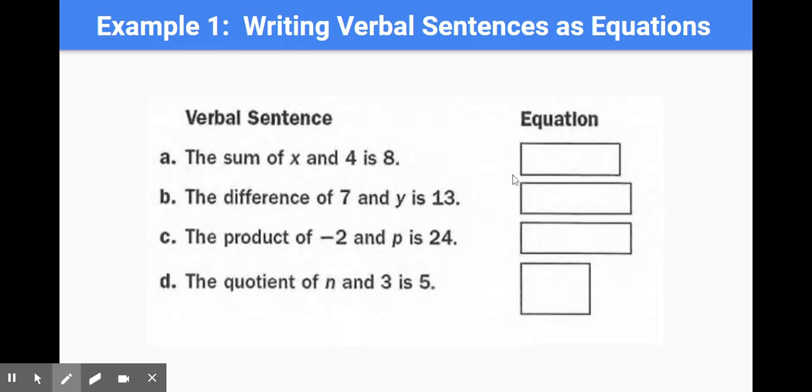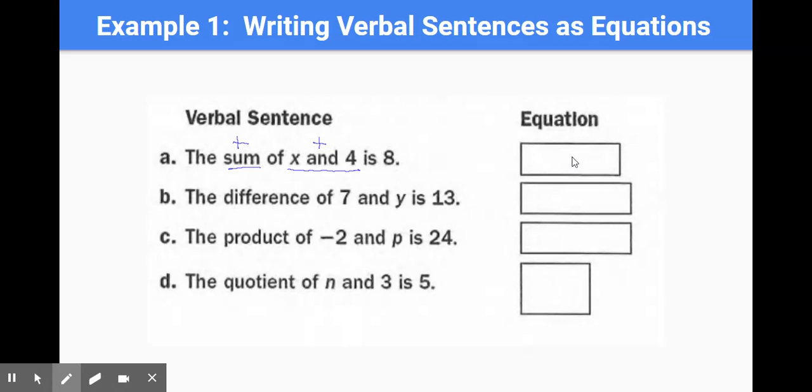Problem A says the sum of x and 4 is 8. The key word here is sum, so I'm going to underline it. If I go back and reference that clue sheet that we had on the last slide, sum is one of those words that indicates addition. I'm adding together two things, the x and the 4.